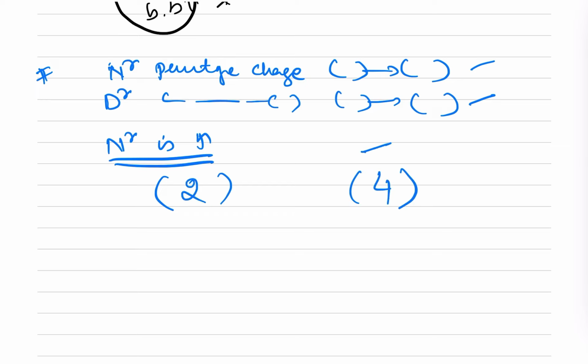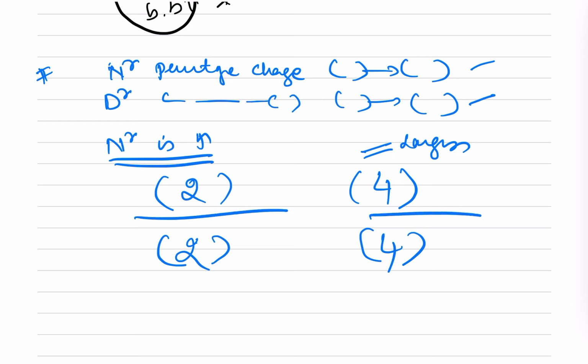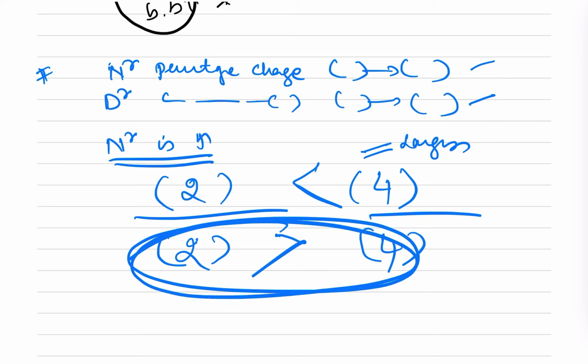Of course, this is the larger value. But if the denominator is increasing, here it was 2 and here it is 4, then the overall ratio becomes smaller. Are you getting it? Are you understanding it?